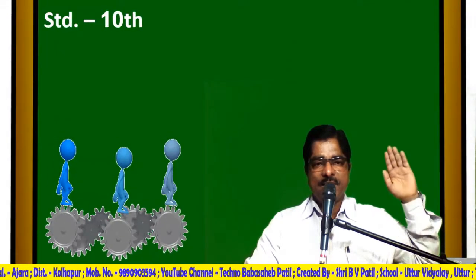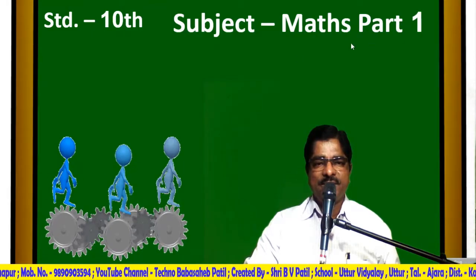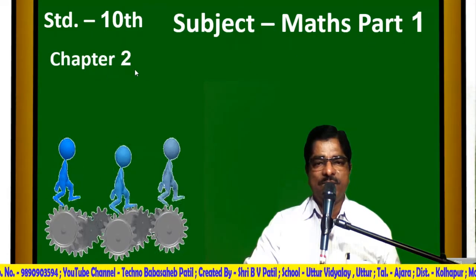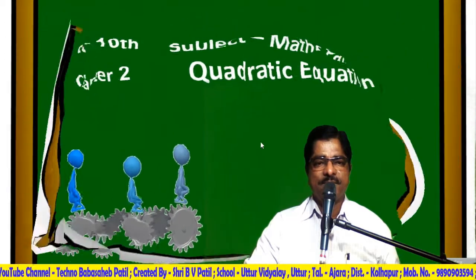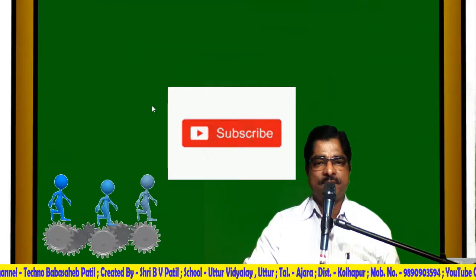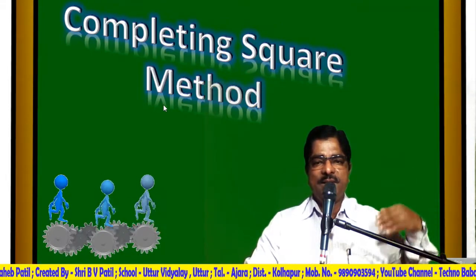Today we discuss Standard 10th, subject Maths Part 1, Chapter number 2, Quadratic Equation. Today we discuss the completing square method. This is a quadratic equation solution method, the completing square method.